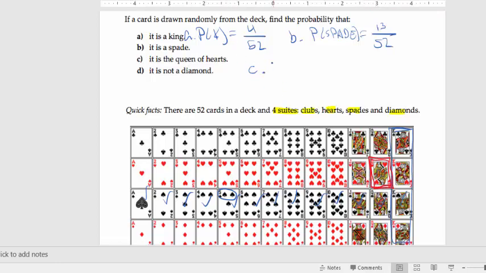So the probability of the Queen of Hearts is just that one card out of the 52 total. And then the probability that it's not a diamond, well, a diamond again is one of those suits. So there's 13 cards that are diamonds. So if there's 13 cards that are diamonds, that leaves 13, 13, and 13. So 39 cards that are not diamonds. So the probability of not getting a diamond is actually going to be 39 out of 52. Right? So that's pretty simple, especially when you have the picture of the deck of cards there for you.